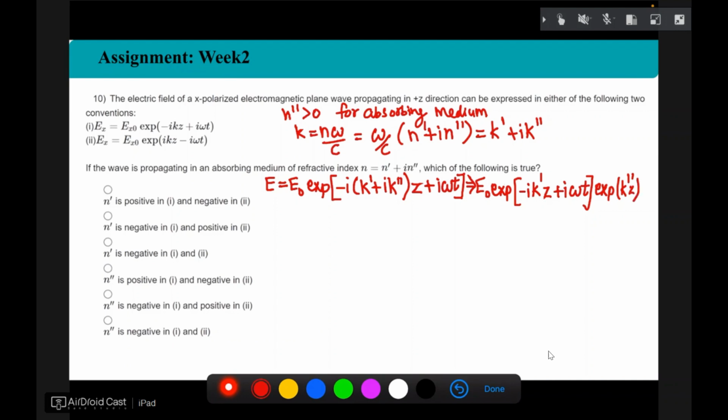Because iota square is minus 1, and there was one minus sign outside, so it is plus 1. So if it is given that this is an absorbing medium, from this equation we can see that the wave grows, which is physically not possible. So the wave should decay if it is an absorbing medium.